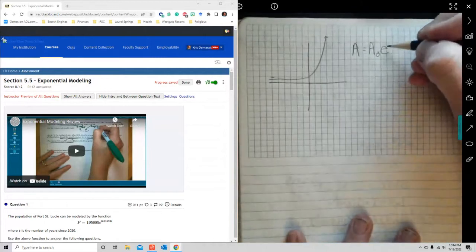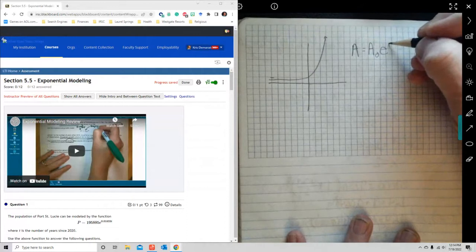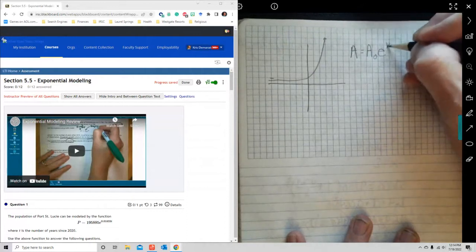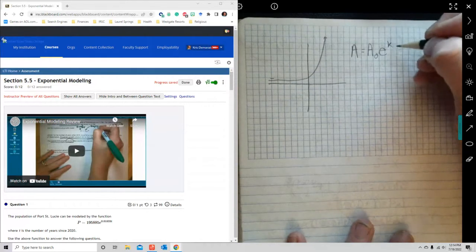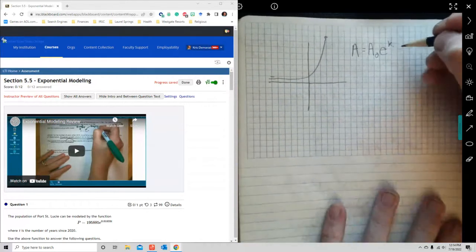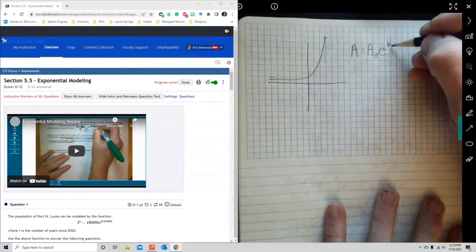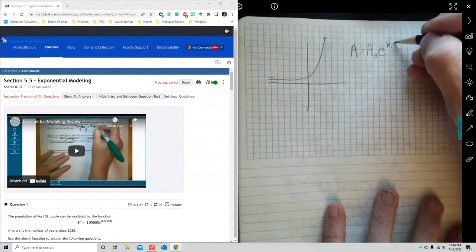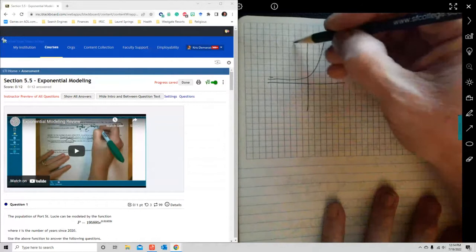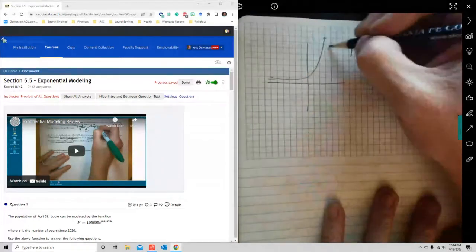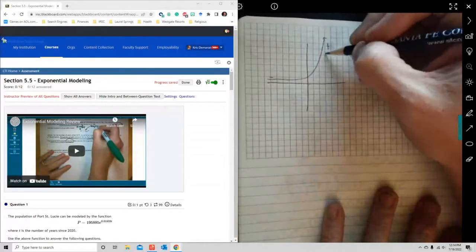Now what we do is raise E to some K value, because K is actually our growth value, whether it's going up or down. If it's negative, it's going down. If it's positive, it's going up. And then of course, time exists for it to happen. So if it's growth, K is going to be positive.